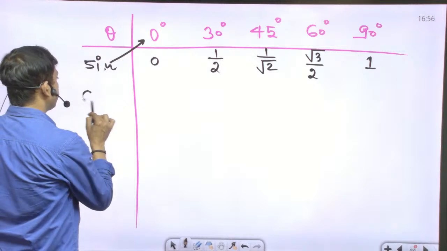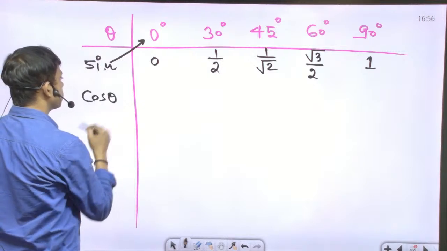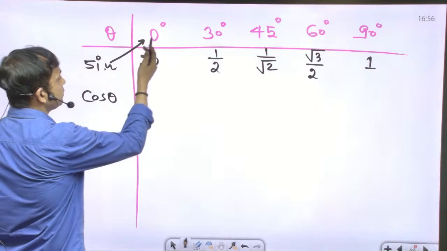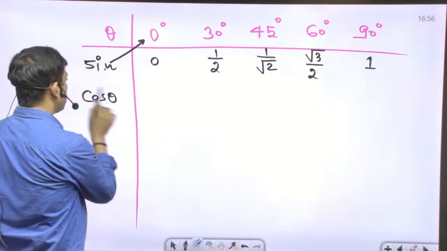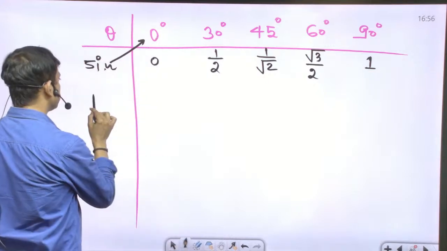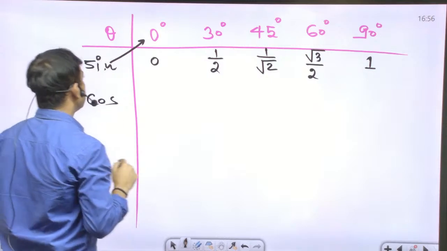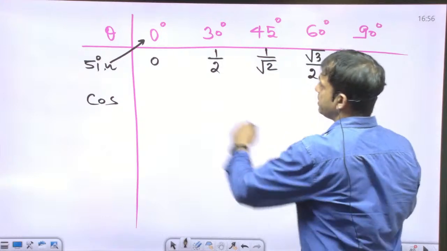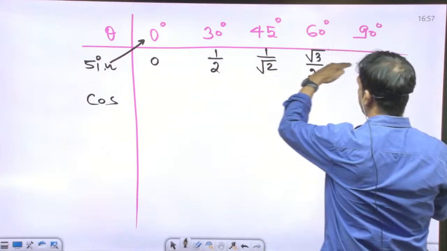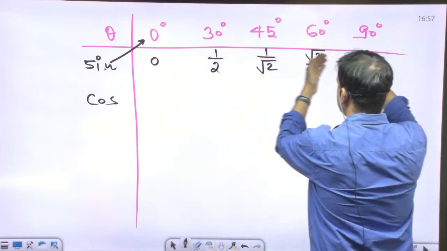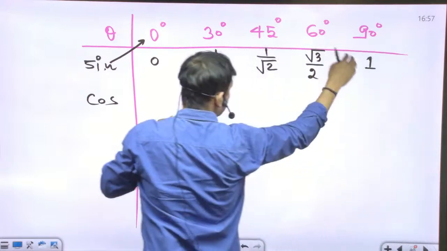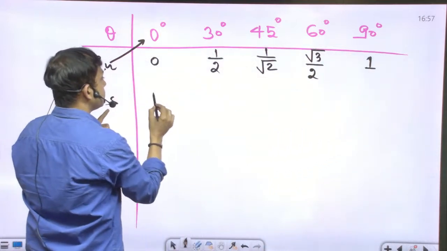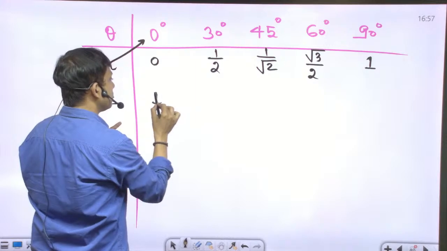Now after sine, take cos theta. Cos 0 degree. For cos, reverse this series. The sine series goes from 0 to 1, so reverse these numbers: that is 1 first. So cos 0 degree is 1.